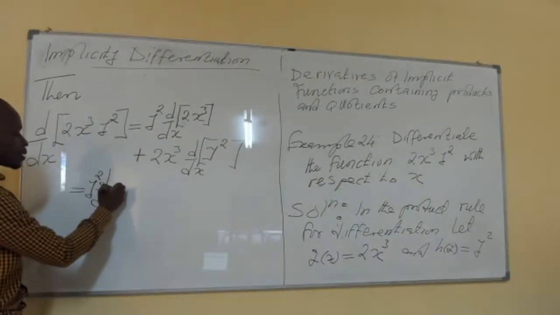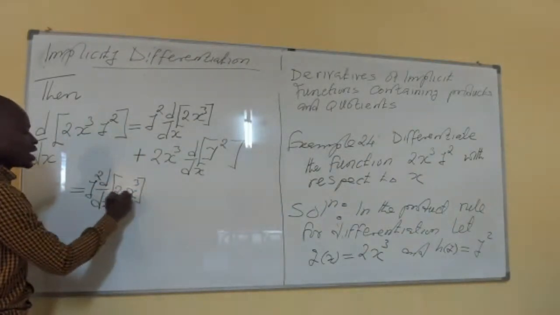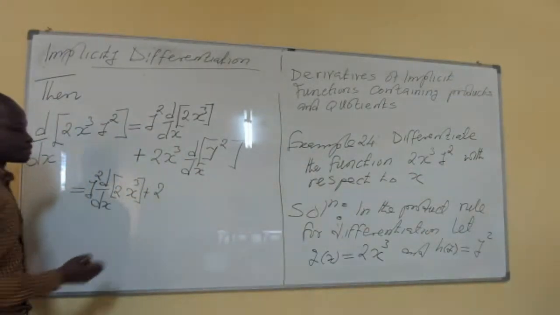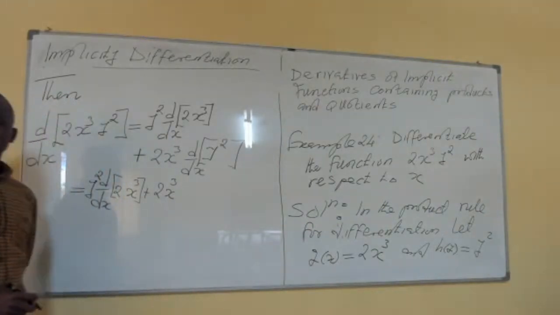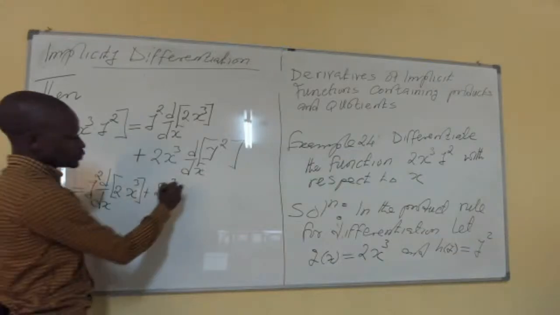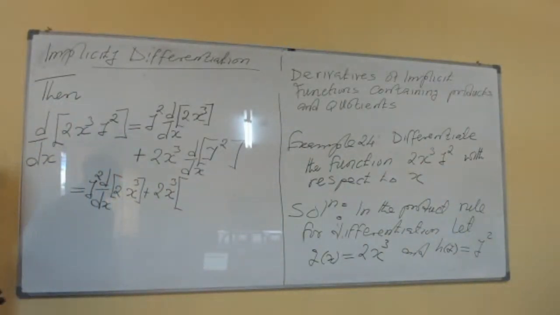Now, by implicit differentiation, what we are going to have is, this is just y squared times the derivative with respect to x of 2x power 3, then plus 2x power 3 multiplied by, so this I'll just put in brackets like that.